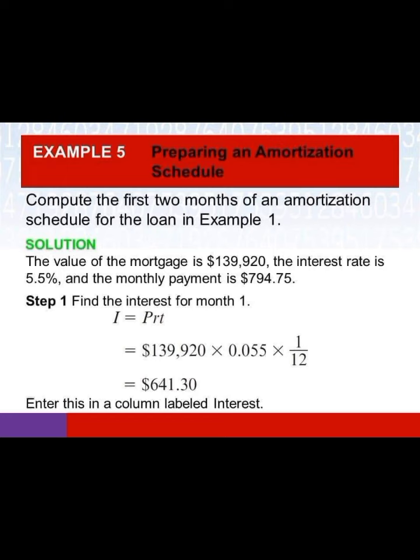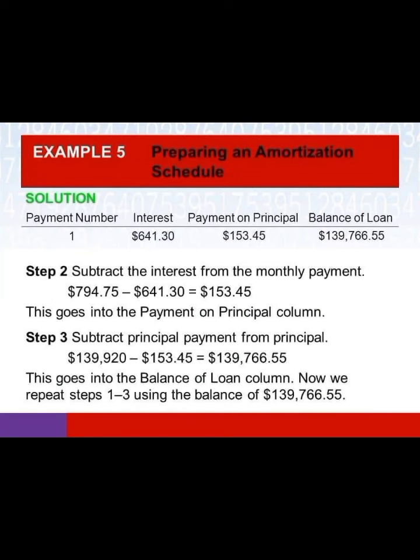The formula is I equals PRT. So I equals $139,920 times 0.055 times 1/12 equals $641.30. As you can see, there is a column. So subtract the interest from the monthly payment.